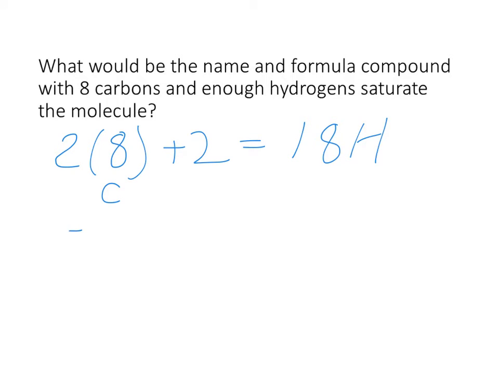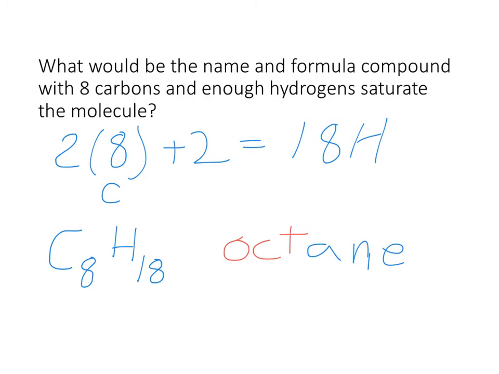So the formula would be C8H18, and we call it, since it has 8, we use the prefix oct, and then because it's an alkane, we use the suffix ane. So it's octane, the primary component of gasoline. Gasoline is really a mixture of different hydrocarbons.